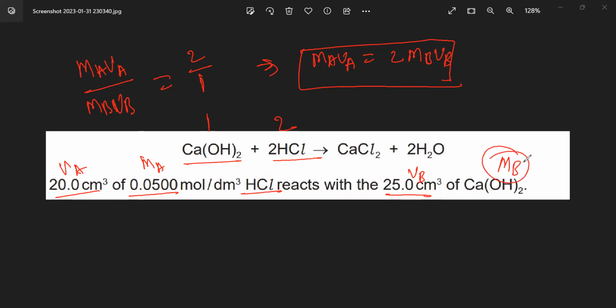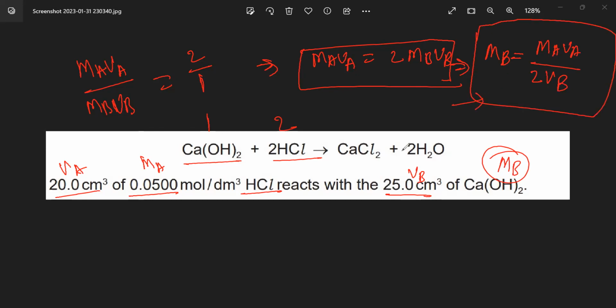So obviously if you have to find the molarity of base according to this equation, you will have to write MB equals to MA VA divided by 2 into VB. Okay, so using this formula you will be able to get the molarity of base, and obviously the unit of molarity will be mole per decimeter cube.